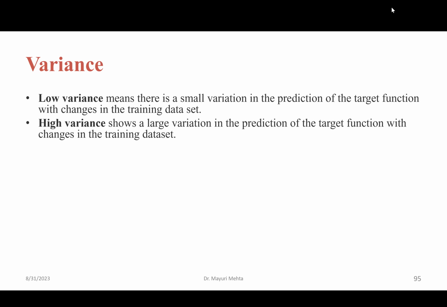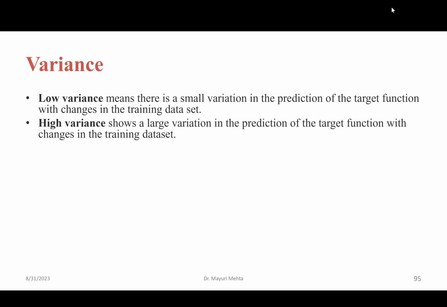High variance shows a large variation in the prediction of the target function with changes in the training data set. When you change the training data set, it will produce large variation, right? So that is called high variance because the variation is large. If variation is low, it is low variance.